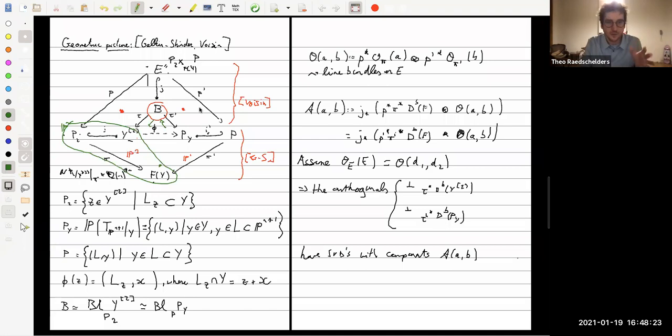But I wanted to say it like this because one doesn't need to invoke too much birational geometry. The point is that you have these two blow-up diagrams, these two projective bundles, and the normal bundles of the closed subschemes are of degree -1 along the fibers. That's really all you need to get an SOD for, say, this left side in terms of other components in this diagram.